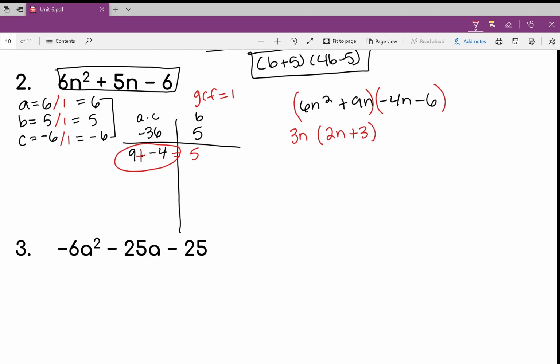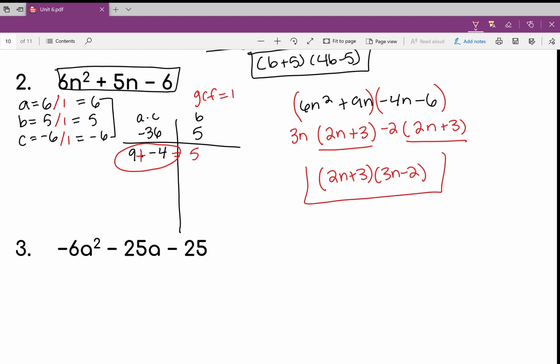So 2n plus 3. Okay. From here, from -4 and -6, I can take out a -2. So I'm left with 2n plus 3, because remember, these need to match. So that means my answer is 2n plus 3 from the parentheses and 3n minus 2 from the outside, just like before.